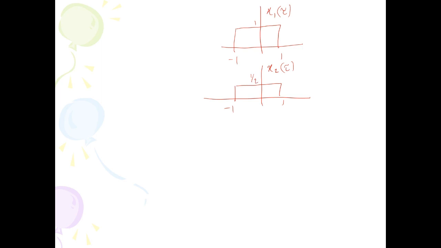When you take x2 of minus tau, because it is symmetric about the origin and an even function, it will have the same coordinates. So this is x2 of t minus tau for t equal to 0, that is, x2 of minus tau.